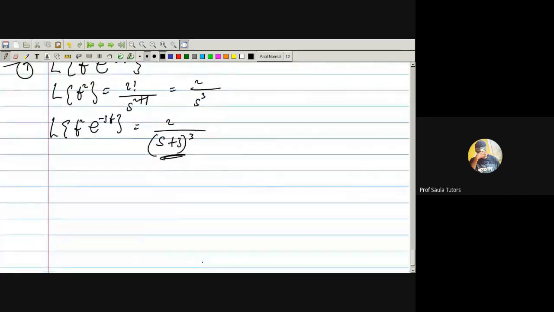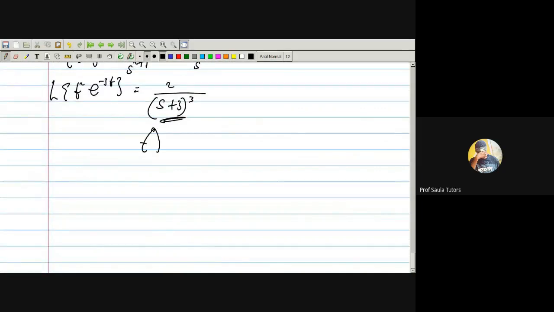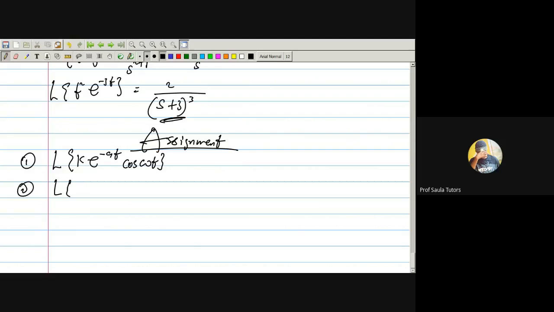Your own soft assignment is this. Number 1, find the Laplace transform of k exponential minus 8t cos omega t. Number 2, find the Laplace transform of sin t cos t.